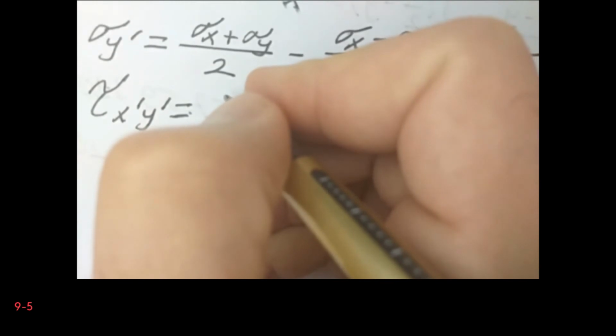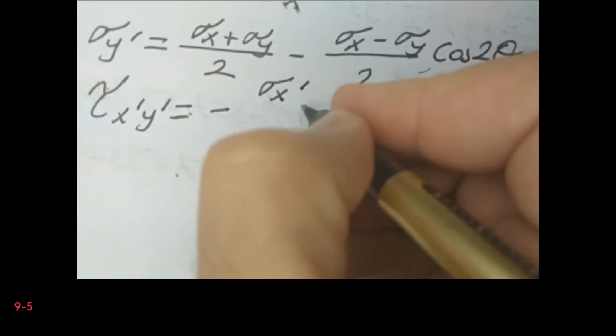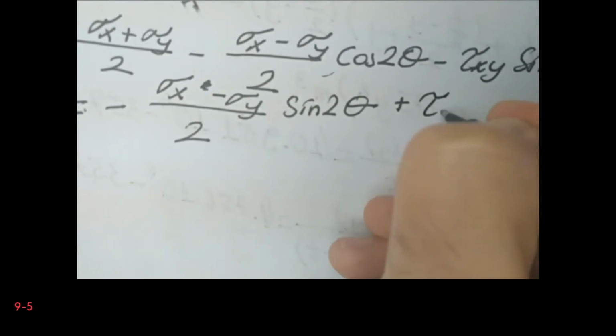Let's write the shear stress now. Tau x prime y prime is equal to minus sigma x minus sigma y divided by 2 multiplied by sine 2 theta plus tau xy cosine 2 theta.